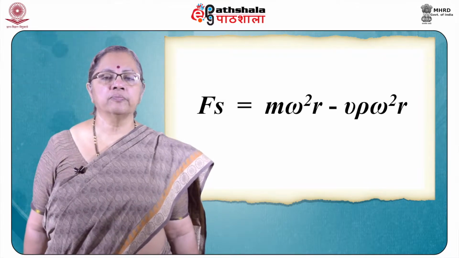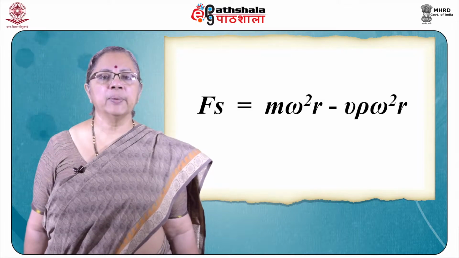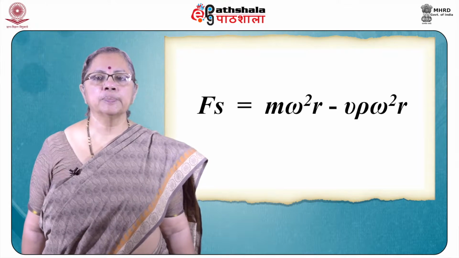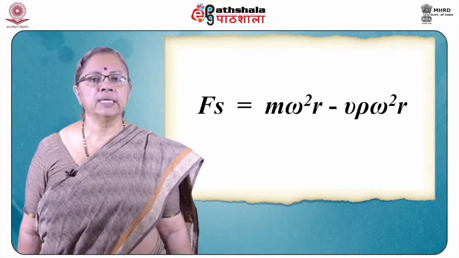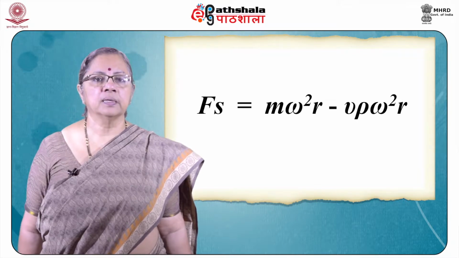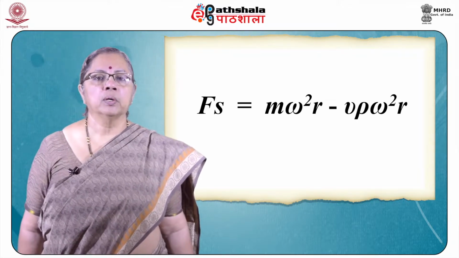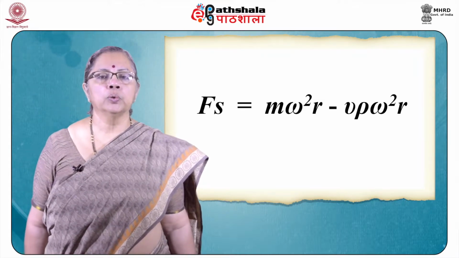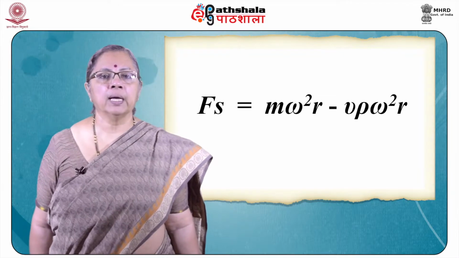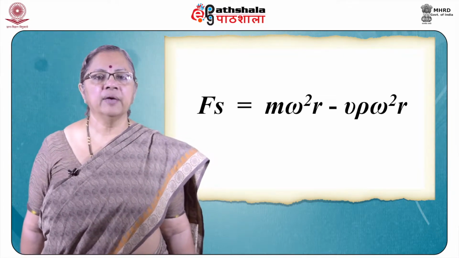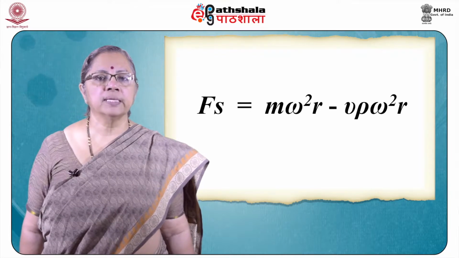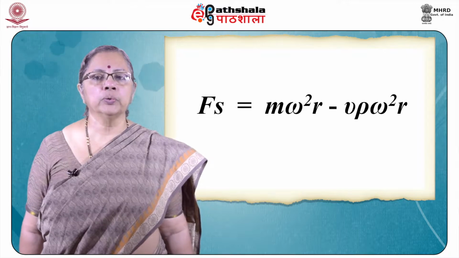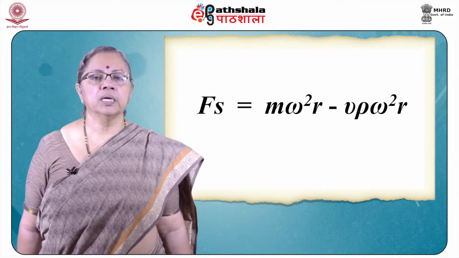Under the influence of both the centrifugal force as well as the opposing buoyant force, the net force experienced by the macromolecule is equal to Fs, which is equal to m omega square r minus nu rho omega square r, wherein Fs is the force of sedimentation, nu is the volume of the macromolecule, and rho is the density of the solution.